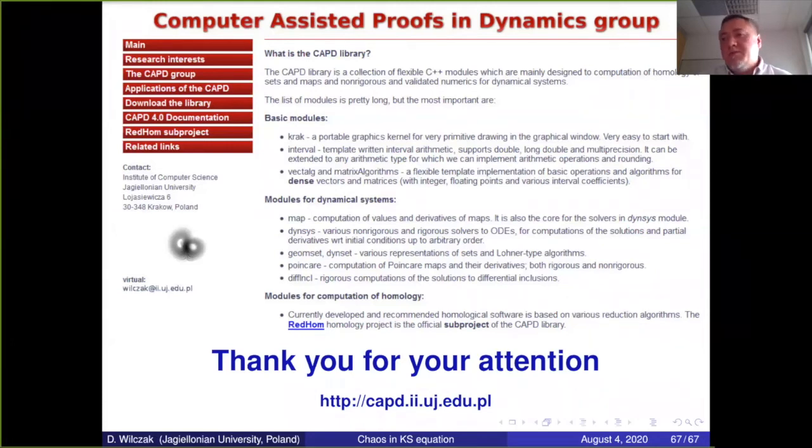Solver is abstract, Poincaré map is abstract, sets that represent subsets of L2 are abstract, etc. So they are implemented in general form. And in this vector field, we have to specify how we enlarge the tail to obtain inclusion, or how we evaluate the vector field, how we compute the logarithmic norm of the vector field, etc.